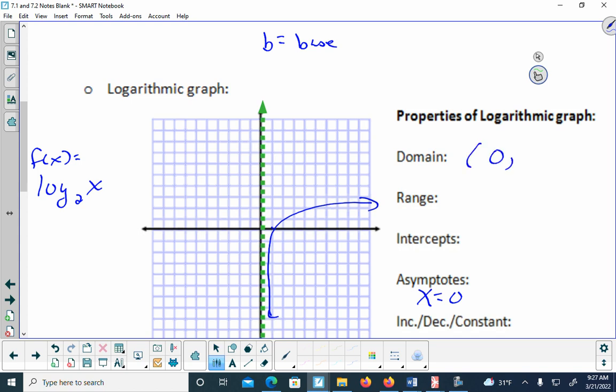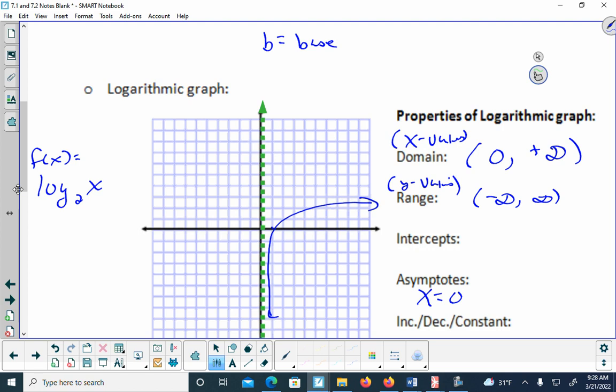So my domain is 0 to positive infinity. Remember, my domain is my x values, and my range is my y values. My range is going to be negative infinity to infinity. Remember, it's the exact opposite: those two switch places from what my domain and range were for the exponential functions, because that's what an inverse does. The x and the y switch places.